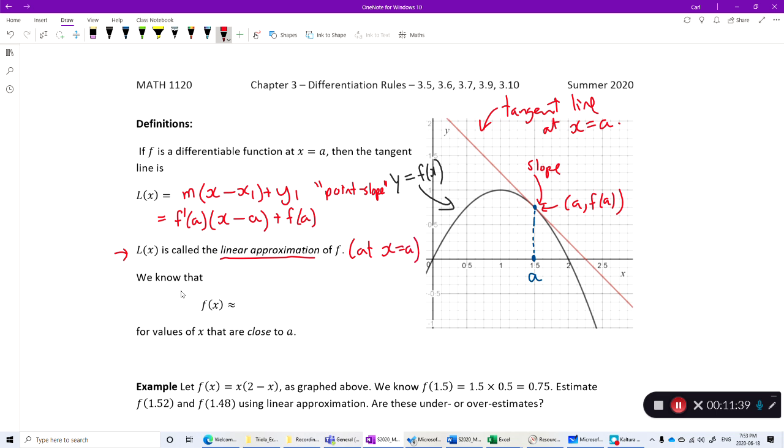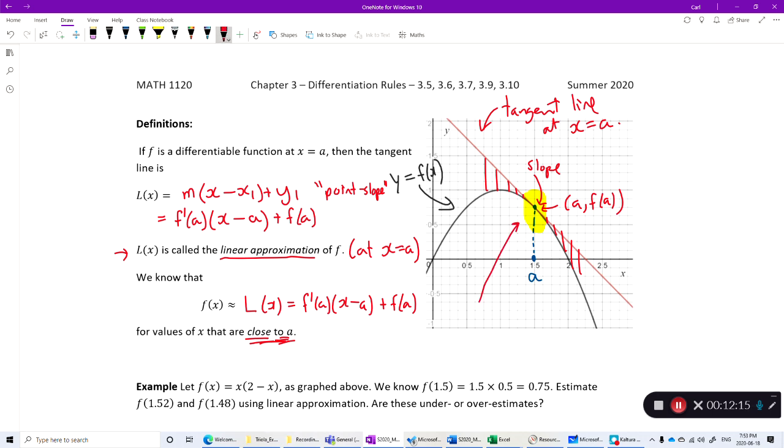So what we know is that f of x is approximately the same as L of x, which is, again, f prime of A, x minus A, plus f of A, for values of x that are close to A. You can see that the difference here is not very big. If you start to go too far away, now the difference is growing, right? But near this point, they're very close.